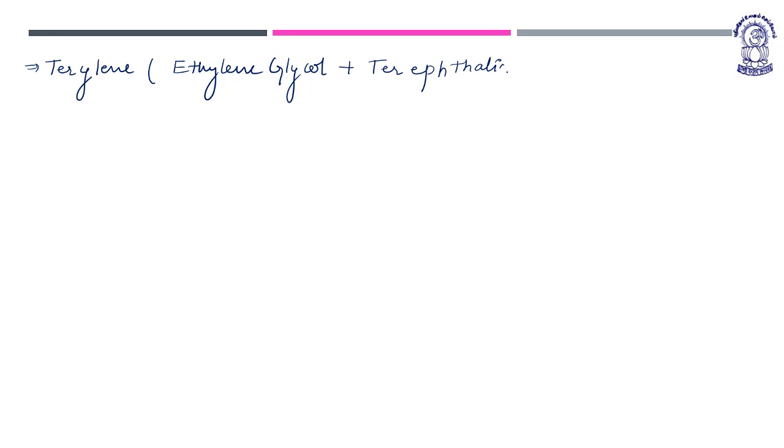Example is terylene, which is a polymer of ethylene glycol plus terephthalic acid. These are the monomers of terylene.